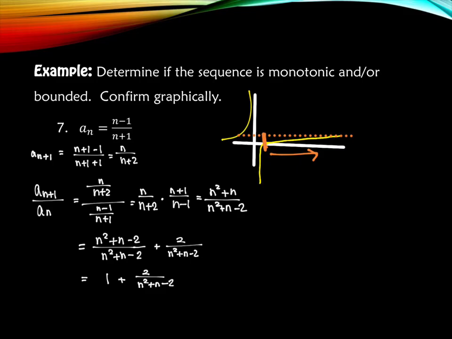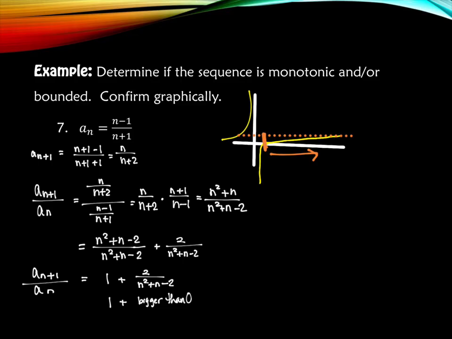This is 1 now, plus 2 over n squared plus n minus 2. And remember, all of this was set up to be a sub n plus 1 over a sub n. Are we okay so far? Okay. Well, this is 1 plus something that's bigger than 0. Sorry, I meant to say bigger than 0.